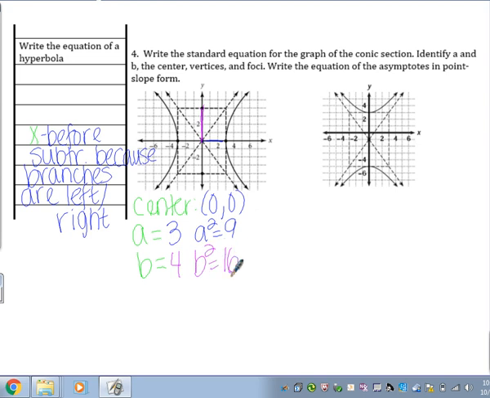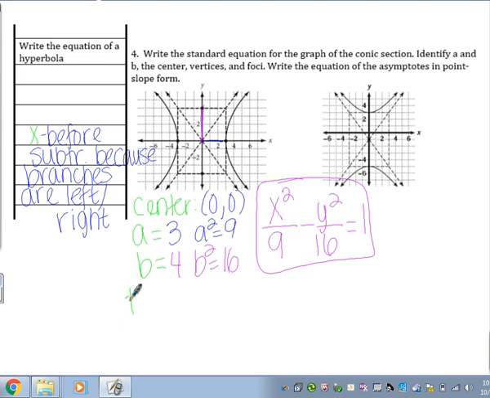So my equation would be x squared over 9 minus y squared over 16 equals 1. Easy, right? Now all we have to do is write the equation of the asymptotes.